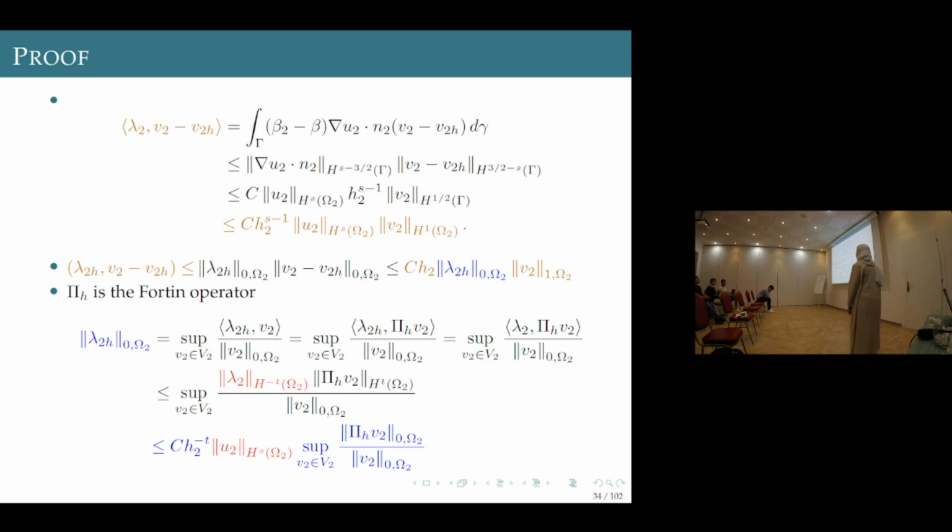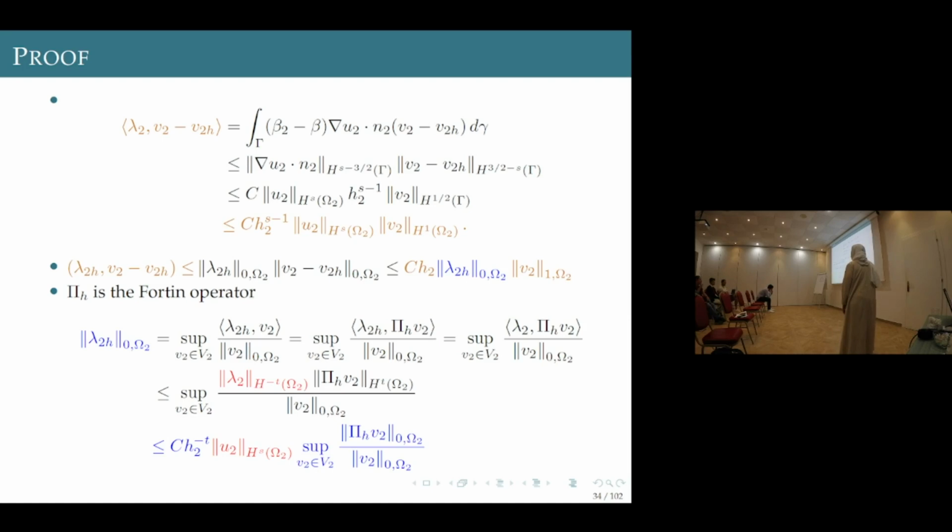This is again equal to, if I replace lambda 2H with lambda 2, and here lambda 2 is in H^(-T) and pi H V2 will be in HT. And what we need now is, this we found before, in the beginning in red, the first thing we did in this part, which is bounded by the HS norm of U2.